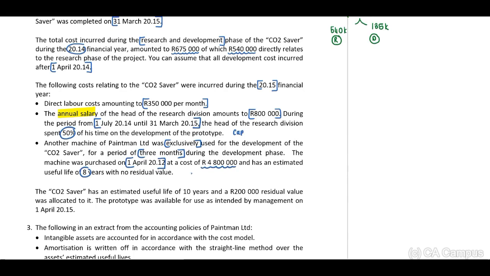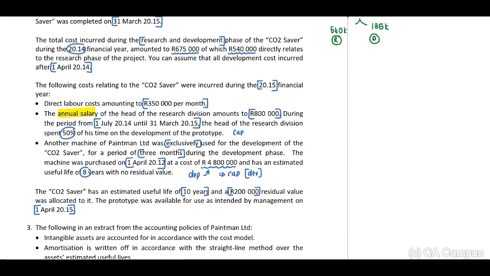Now guys, you need to identify the depreciation relating to this machine should be capitalized as part of our development costs. The CO2 saver has an estimated useful life of 10 years and a 200,000 residual value was allocated to it. The prototype was available for use as intended by management on 1 April 2015.